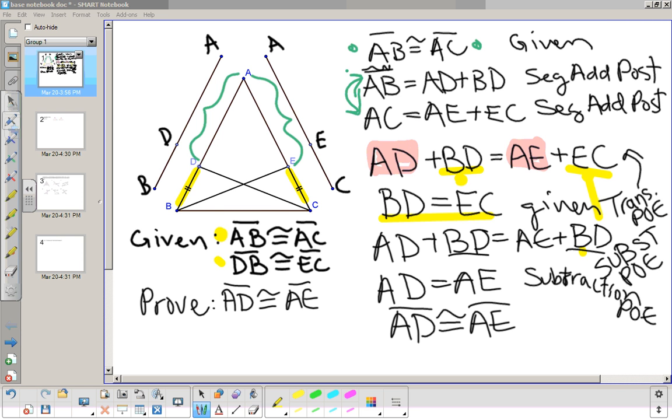And then definition of congruent segments. They have equal measures.